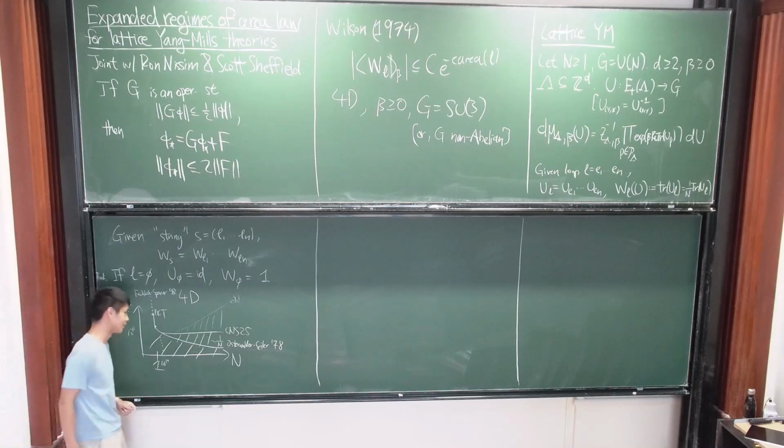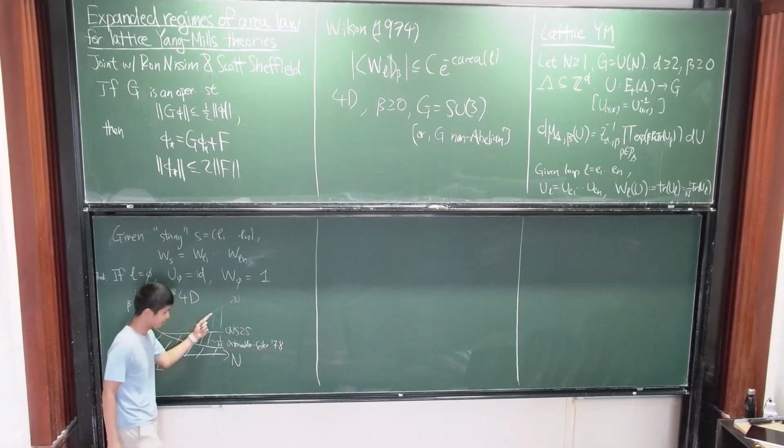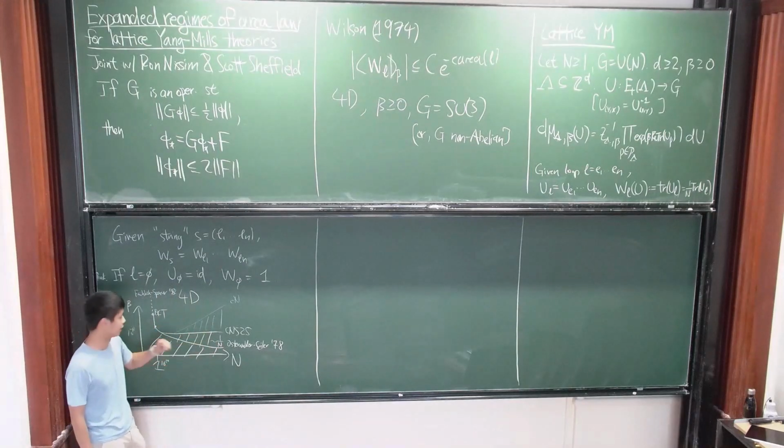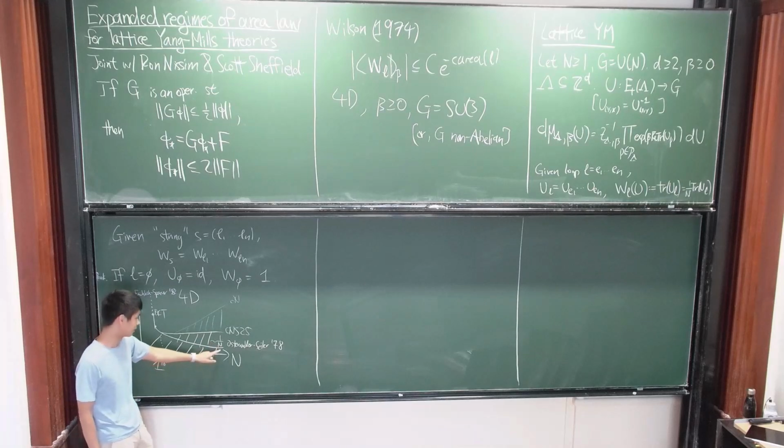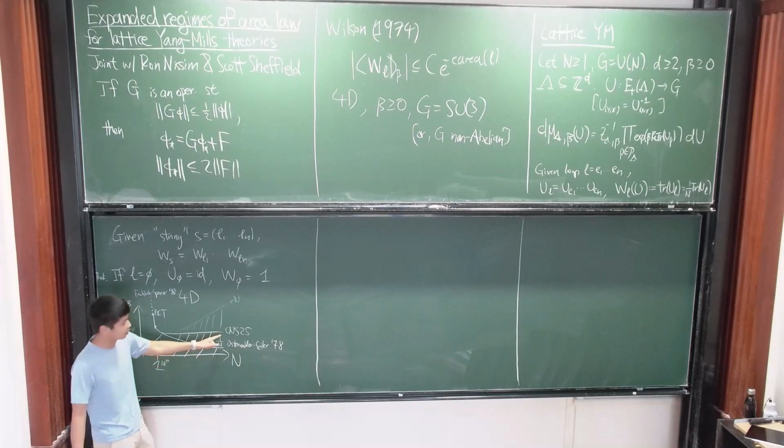But I should also mention that in this regime, Osterwalder-Seiler, in addition to area law, proved a mass gap. So basically you have exponential decay of correlations. In principle, we didn't do it in the paper, but if you work a bit more, you would get exponential decay in this regime as well.